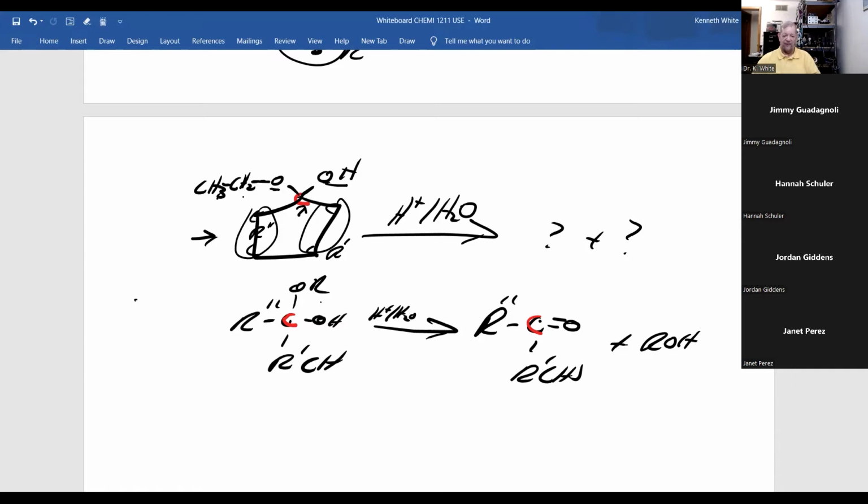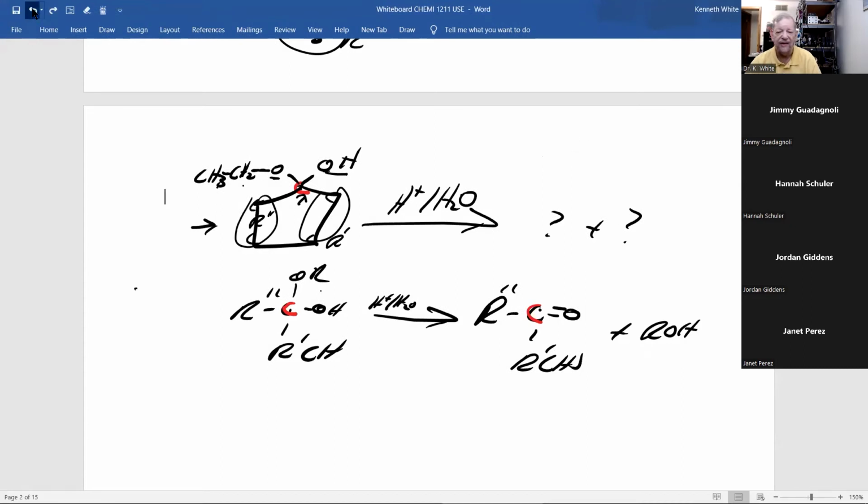And what happens? This carbon right here in red becomes this carbon. Well, actually not like that. We have the ring, which is attached to this carbon. And we have a carbon-oxygen double bond, in this case, a ketone.